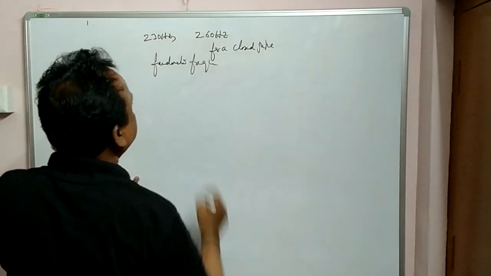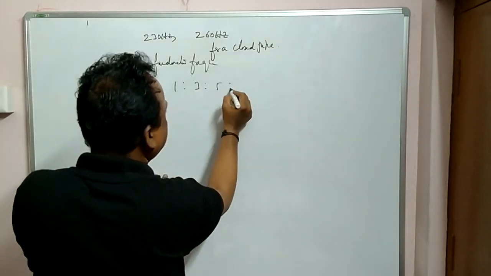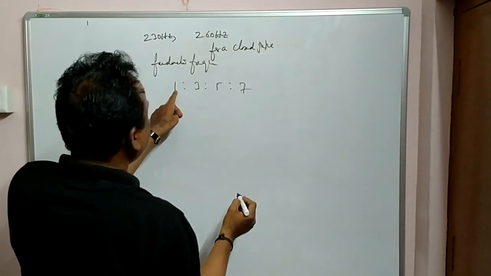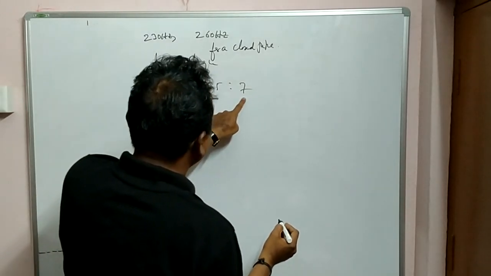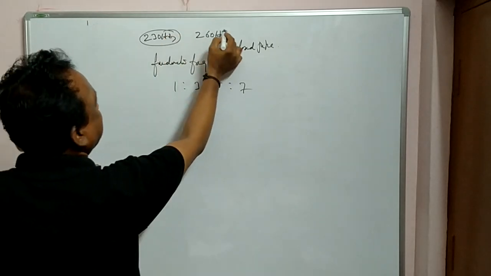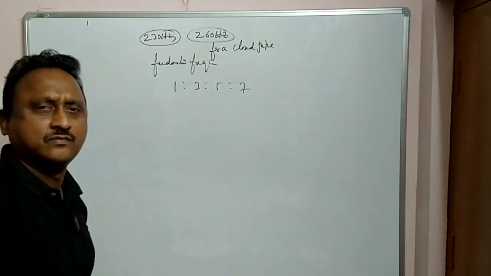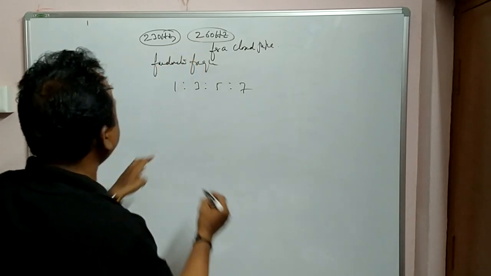See, in the closed pipe, the ratio is 1:3:5:7, that is n plus 2, plus 2, plus 2. Suppose this is the nth harmonic, then this becomes n plus 2.